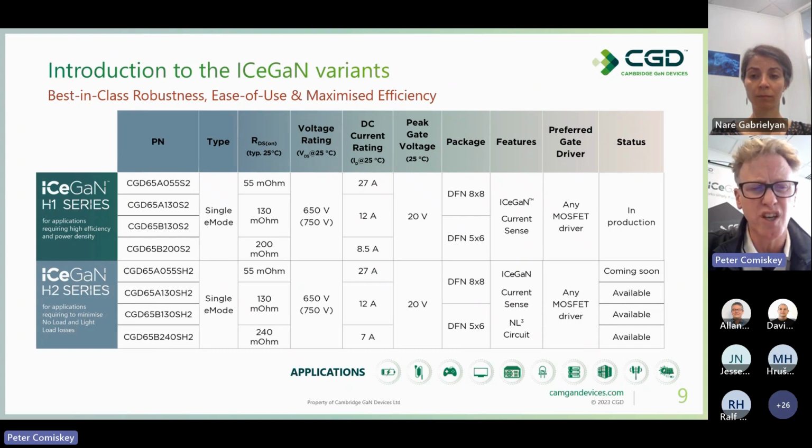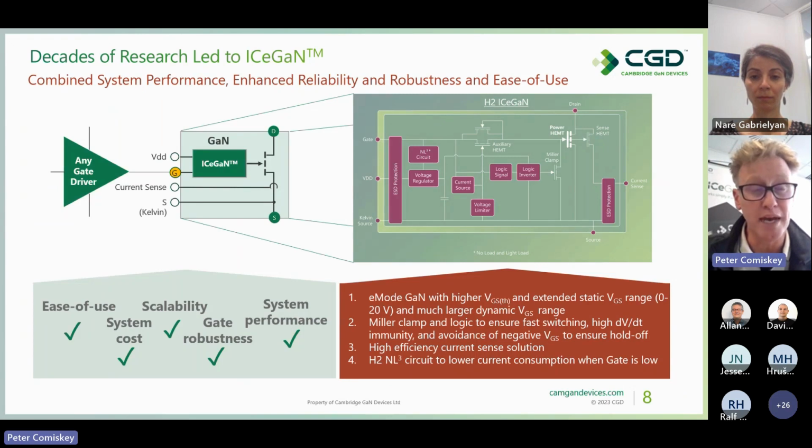The H1 series is targeted at applications requiring high efficiency and power density. H2 adds to that applications which require ultimate no load and light load performance. So we've added, if I go back a page, the NL3 circuit, as we refer to it within this tutorial, which is a no load, low load circuit to minimize our quiescent current in gate off conditions.